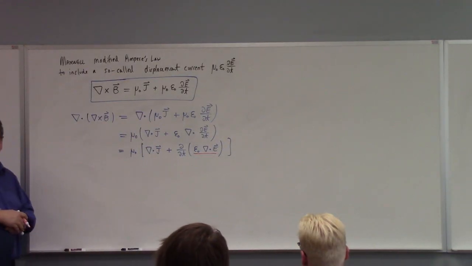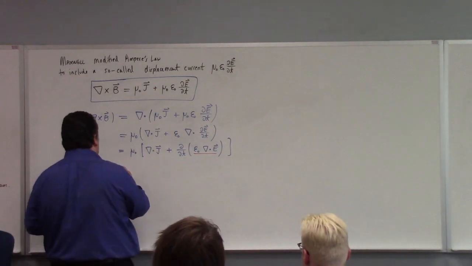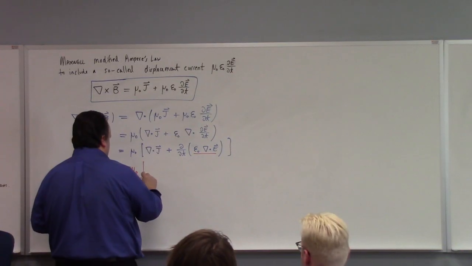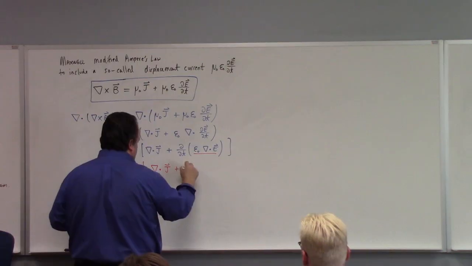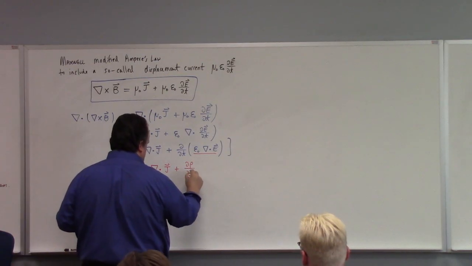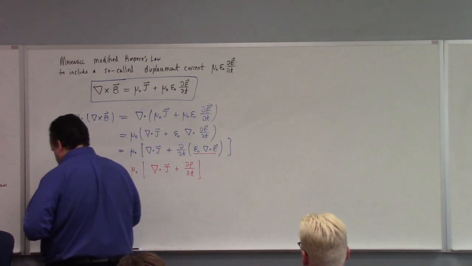Gauss's law says that that's exactly the charge density, because the epsilon naughts would be canceling. And we got mu naught times the divergence of the current density plus the time rate of change of the charge density, like that.